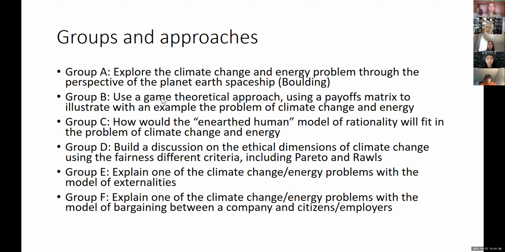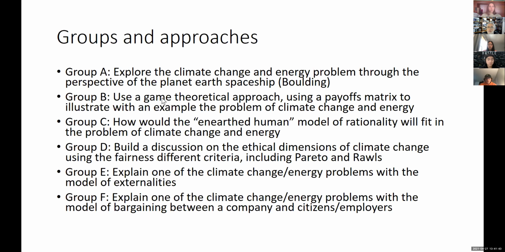So you will be putting this argument with particular focus on the issue of energy, the energy problem, and how that affects climate change. And I will introduce a few elements in a second for that.